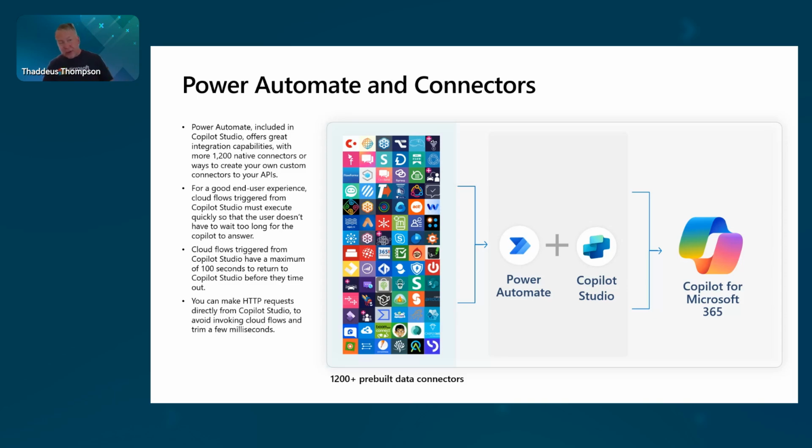Blackbaud has connectors that can connect to all of their applications, plus Power Automate. If you're not a Microsoft shop, there's lots of connectors for, say, Google, for Salesforce, for as you can see, there are more than 1,200.